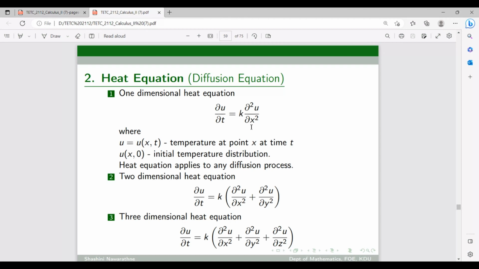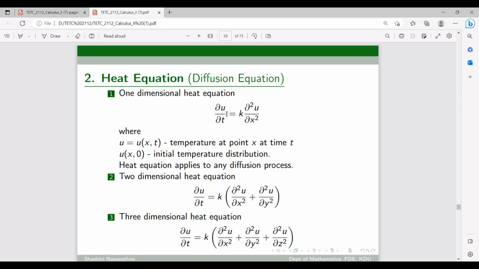Raise your hand if you are saying 1, 2, 3, 4. How many variables are there? There are 3 variables: 1 dependent variable and 2 independent variables. So here we can identify that the dependent variable is u and the independent variables are x and t.